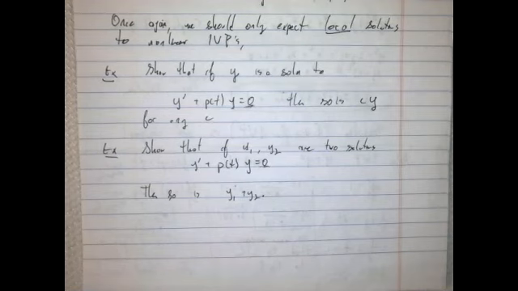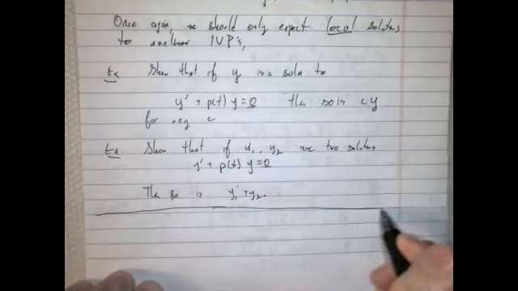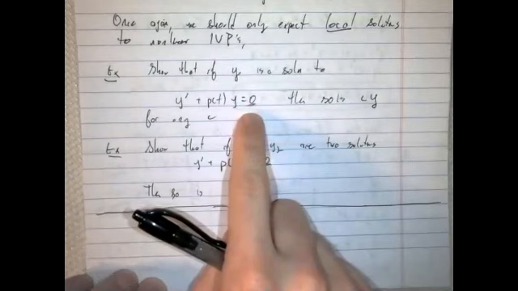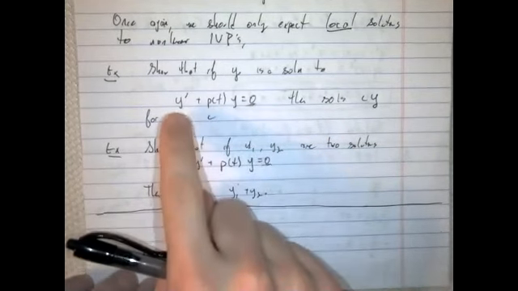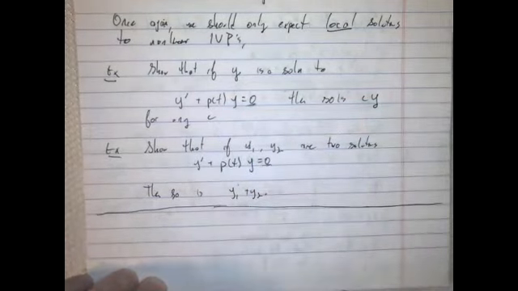So let's talk about the first one. We're assuming that y is a solution to this differential equation. So that means y prime plus p of t y is equal to 0. What does it mean for c times y to be a solution?